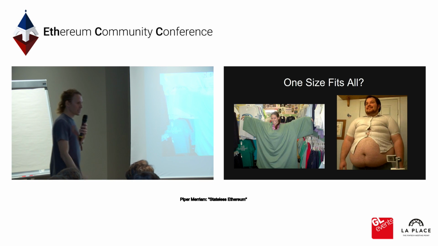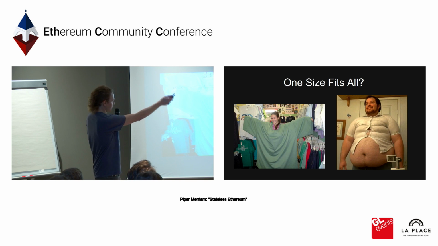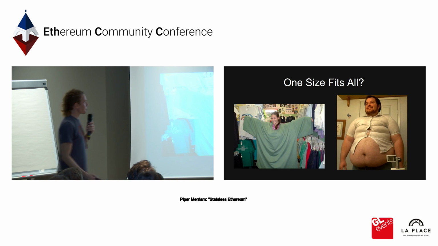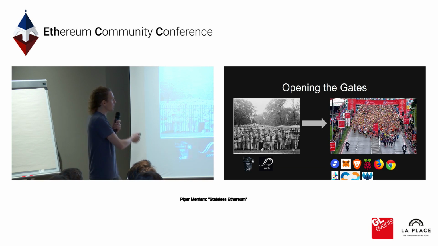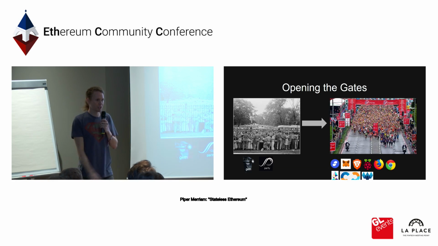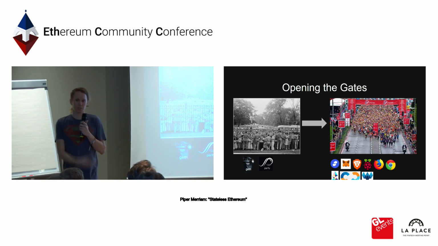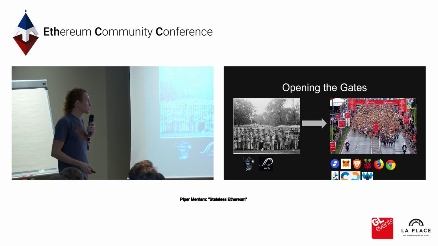However, there's a lot of use cases, and we can have clients that are really well tailored for these people. And this is just drumming home that point of opening the floodgates for more clients to join the network. We want more people to come in. We want more clients participating. We want more types of clients.